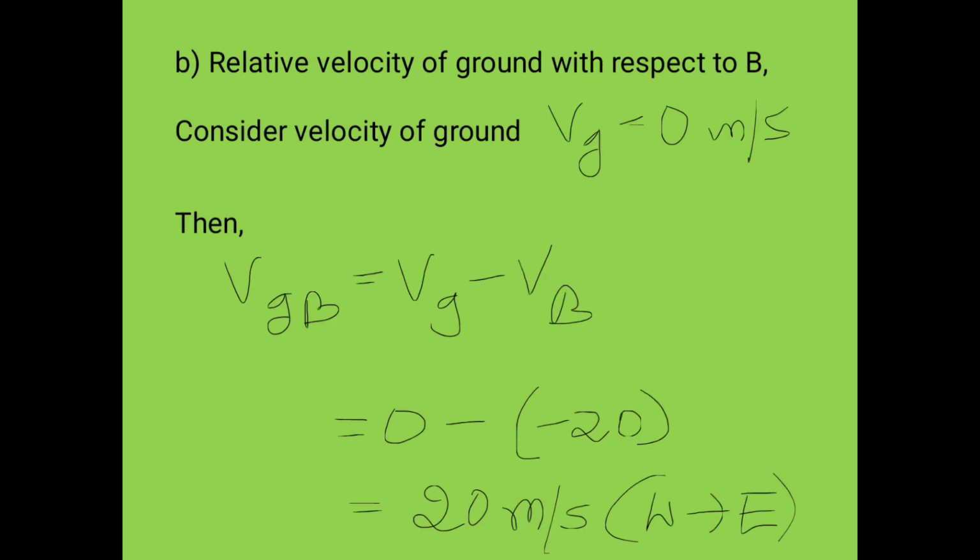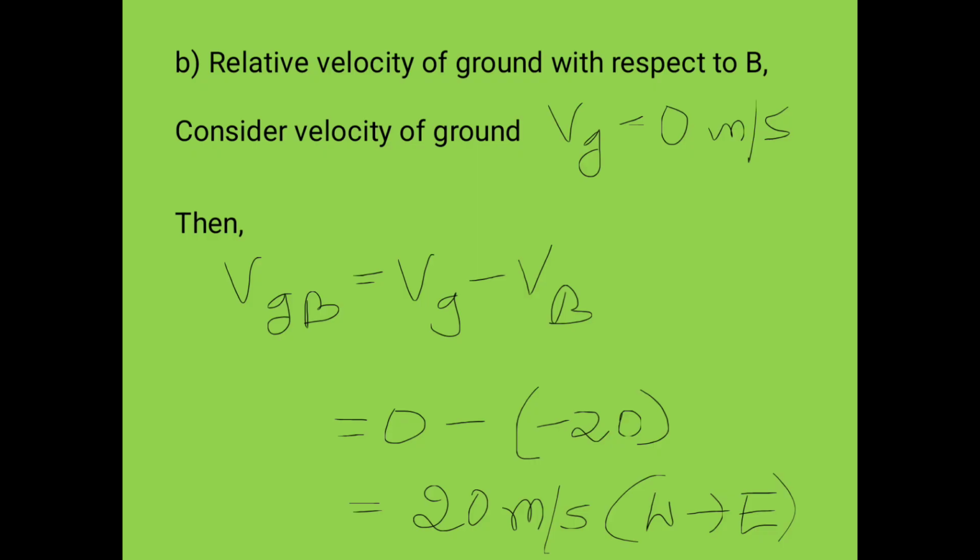Next, coming to B, relative velocity of ground with respect to B. Consider velocity of ground, Vg, equal to 0 meter per second. Then VGB, the velocity of ground with respect to B. If a person is sitting in train B and observes the ground, he feels that the ground is moving back, isn't it?